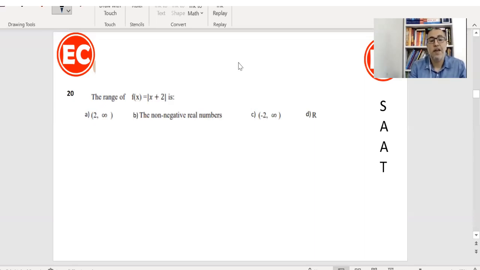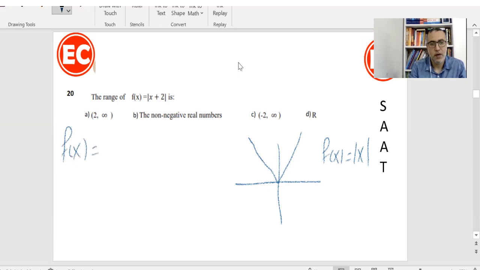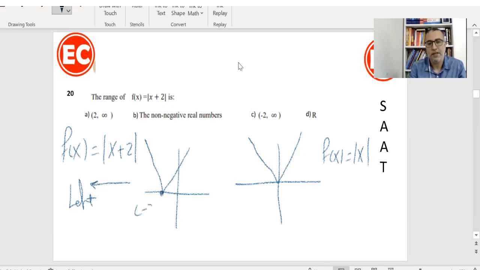For the function f of x equal to the absolute value of x plus 2, we know that f of x equal to the absolute value of x is a letter V that passes through the origin. But f of x equal to absolute value of x plus 2 means that you move to the left 2 units. So here is the vertex, negative 2 and 0.